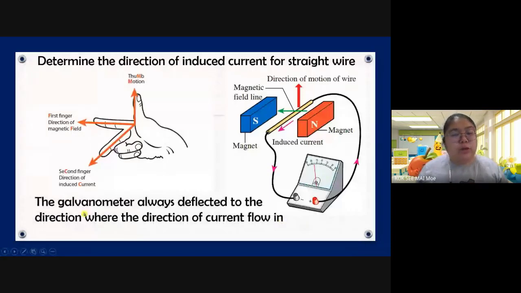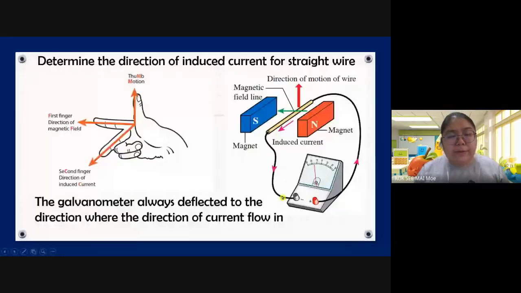So from here, this should be a negative reading, because positive and negative are reversed. We don't have a battery here, so how do I know which is positive and which is negative? So from here, you find it. Now the galvanometer deflected to the negative, because the current flows in and the deflection follows the current. So I know this situation is negative.